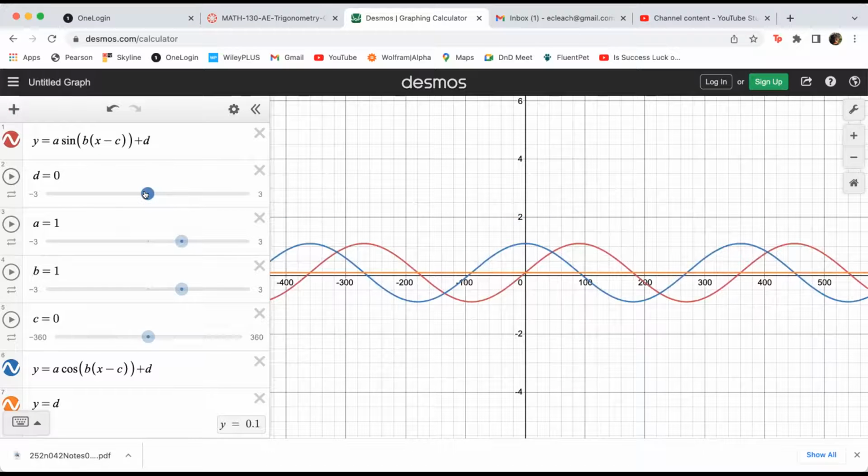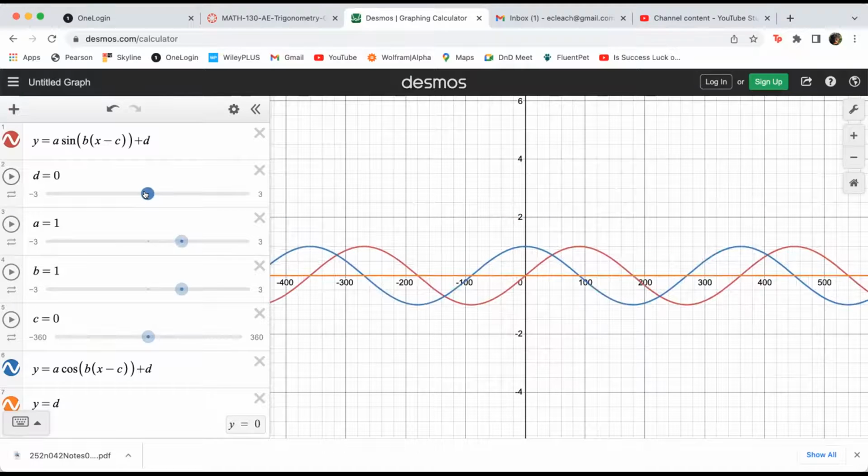Stop and put D back to its default, which is 0. Check this out. Next on my list is A. A is included with multiplication, and that A is multiplied after the trig function. So x minus c, then we multiply by b, then we take the sine, then we multiply by a.